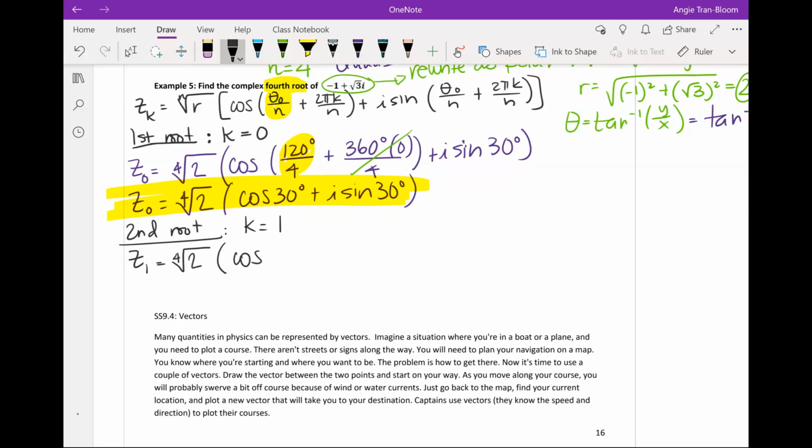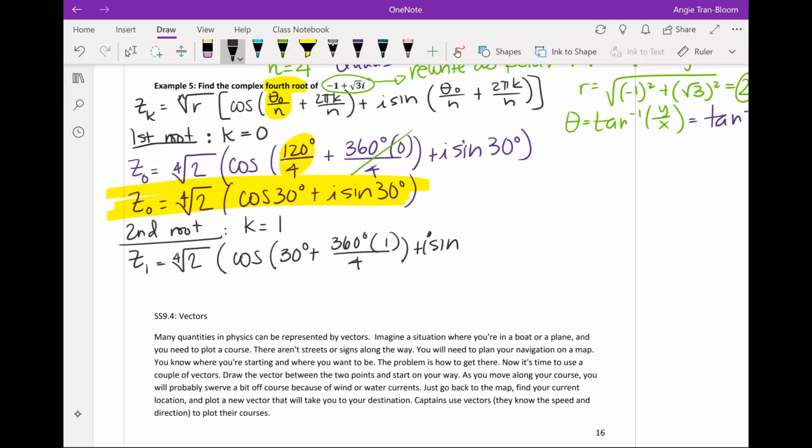What's really changing every time we find an additional root? The k, yeah. So the next one is 360 times, what's your k now? 1 divided by 4. Would that be a true statement? Plus I sine something, but whatever this is, I sine is the same.